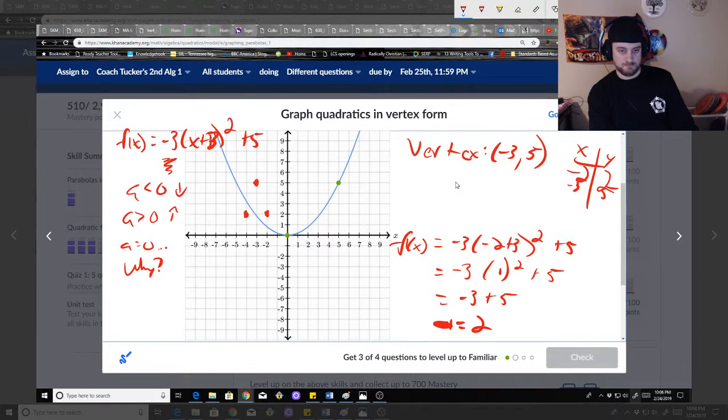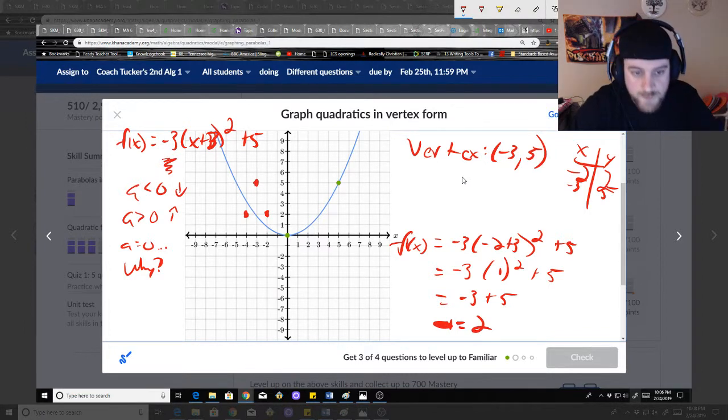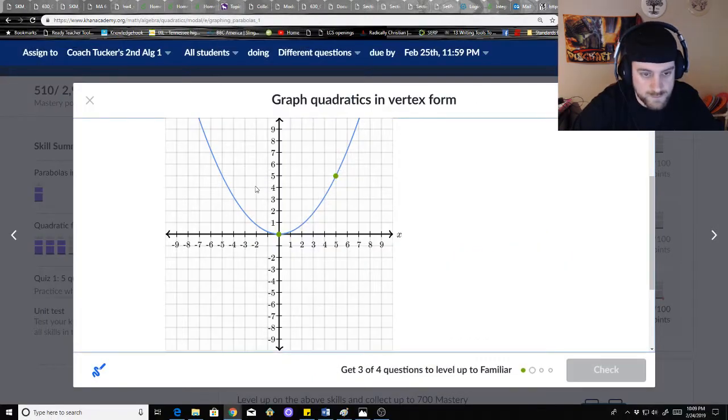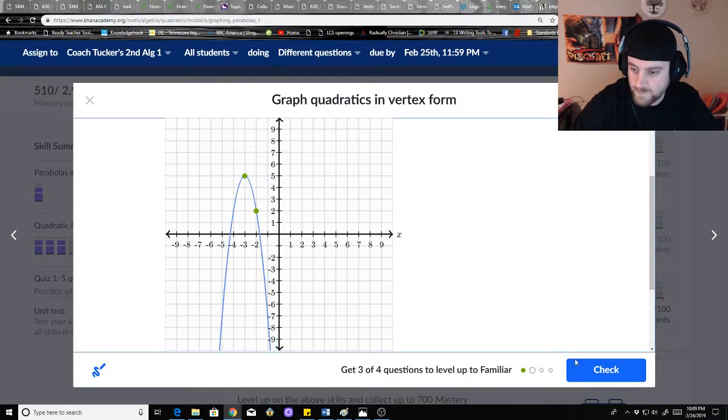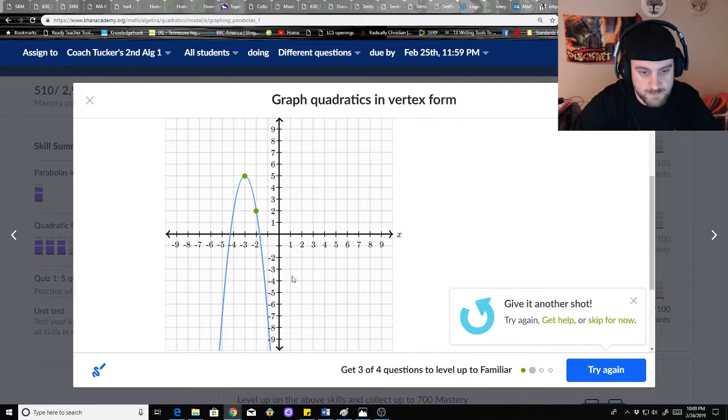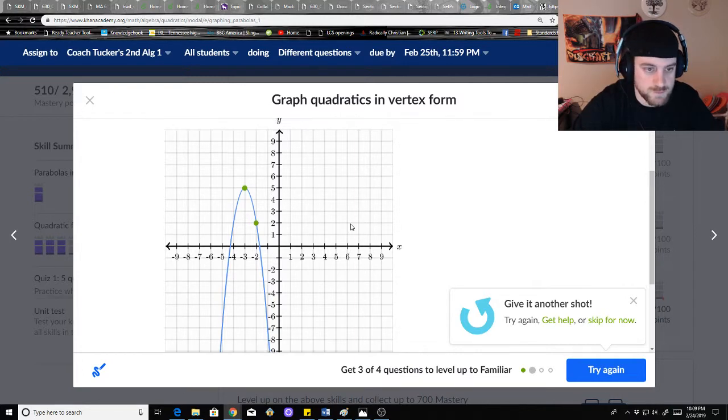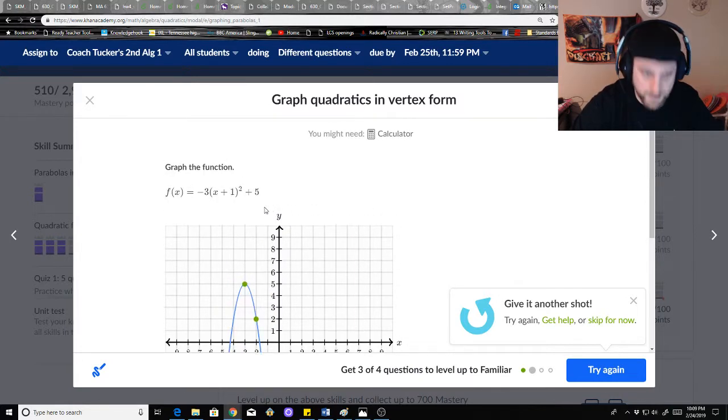Okay. So let's go graph it now. It was negative 3, 5. It was 2 negative right there. Did I do something wrong? Yep. I copied it wrong.